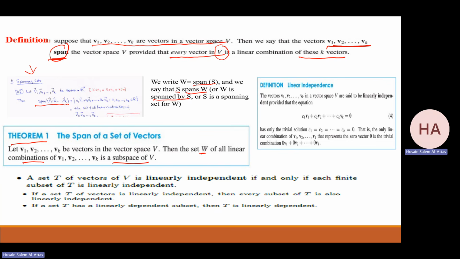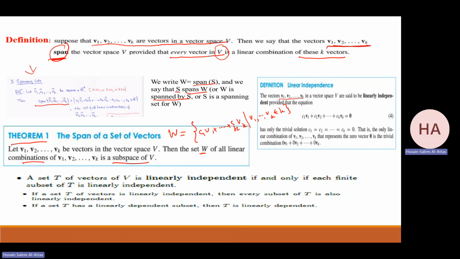So W will be all linear combinations C1 V1 up to Ck Vk, such that V1 up to Vk belong to the space. This will be W. This set will be a subspace.